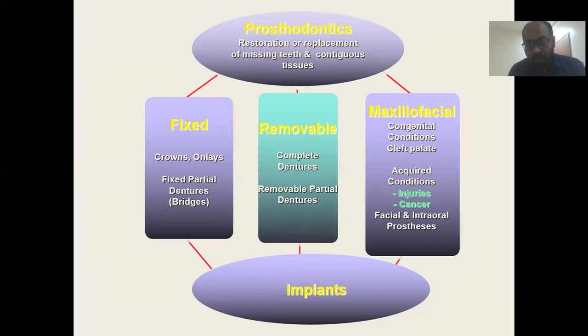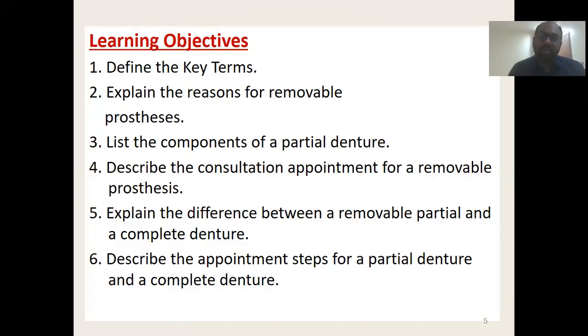And then you have implants playing a role in removable prosthesis fabrication, where with a fewer number of implants you fabricate a prosthesis which can be removed by the patient. Of course the impact of implants here is that stability and retention are improved. And even in maxillofacial prosthodontics, implants play a role in retaining such prostheses.